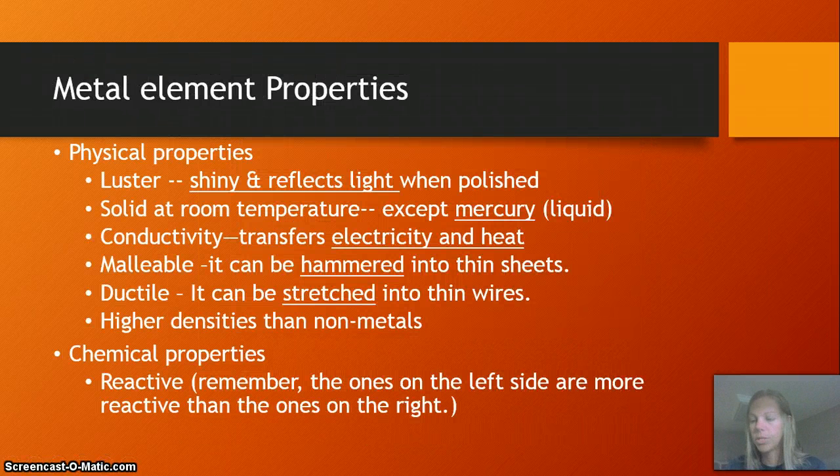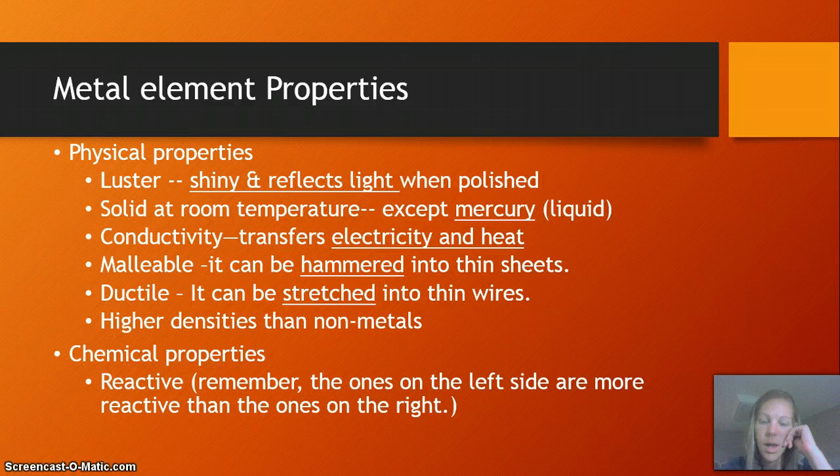Okay, moving on to specifically talking about properties that distinguish metals from metalloids from nonmetals. Physical properties of metals. They have luster, which means they are shiny and they reflect light. They also are solid at room temperature, except for one, and that is mercury.